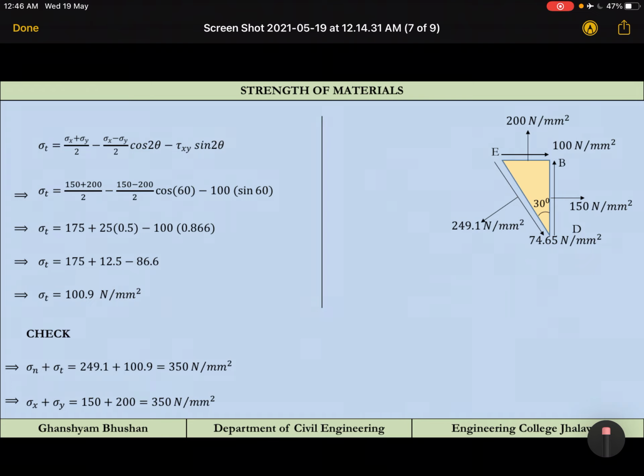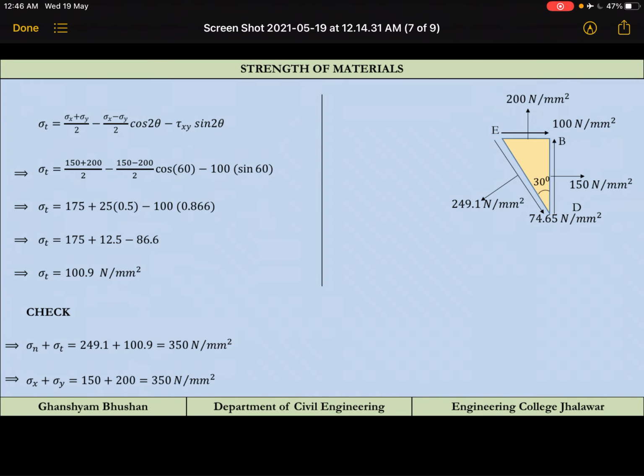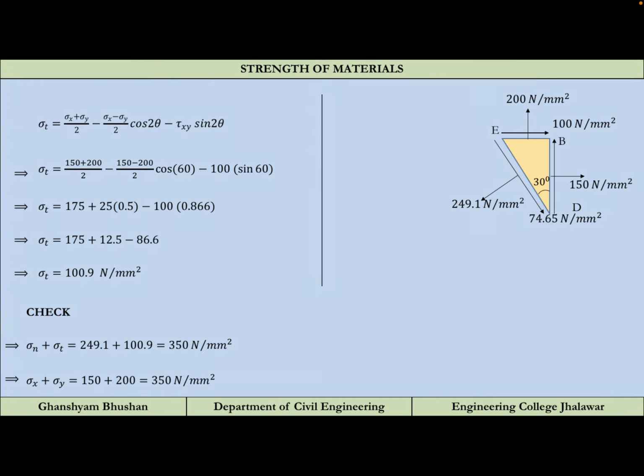Now let us try to find out sigma t. It is not asked in the question, but just for the sake of your convenience or to satisfy your curiosity, I am just calculating sigma t here. So sigma t we also know, (sigma x plus sigma y) by 2 minus (sigma x minus sigma y) by 2 cos 2 theta minus tau xy sin 2 theta.